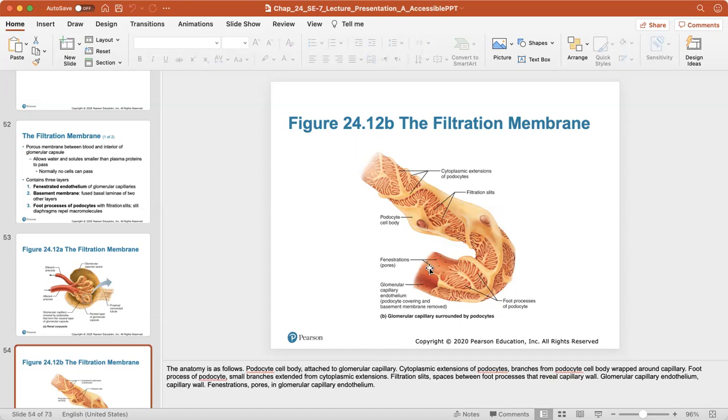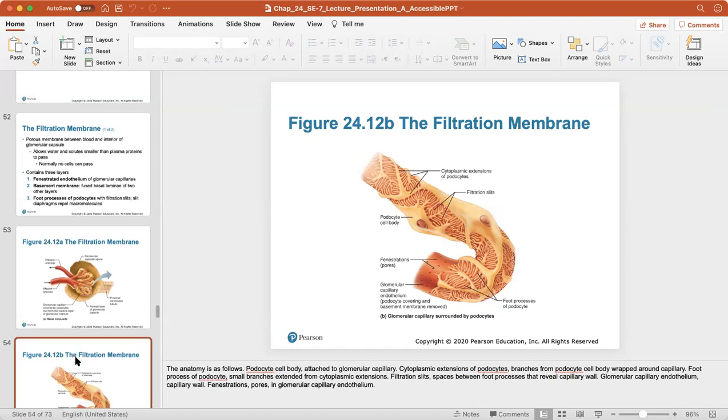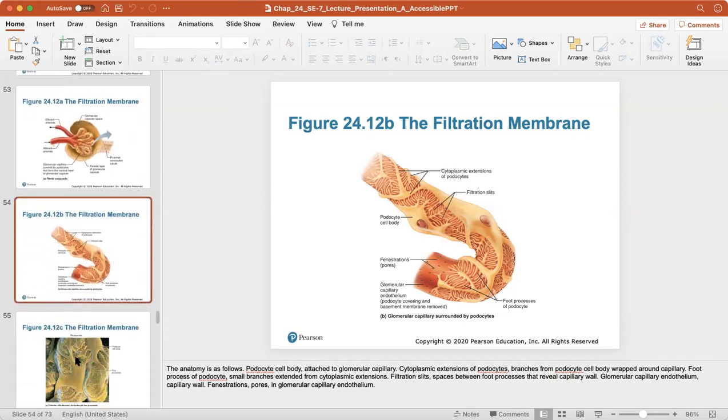The glomerular capillary shows the endothelium with the fenestration pores, which are holes within that glomerular capillary endothelium, as well as the filtration slits between the foot processes. So we make this filtration membrane barrier that only allows certain things through.